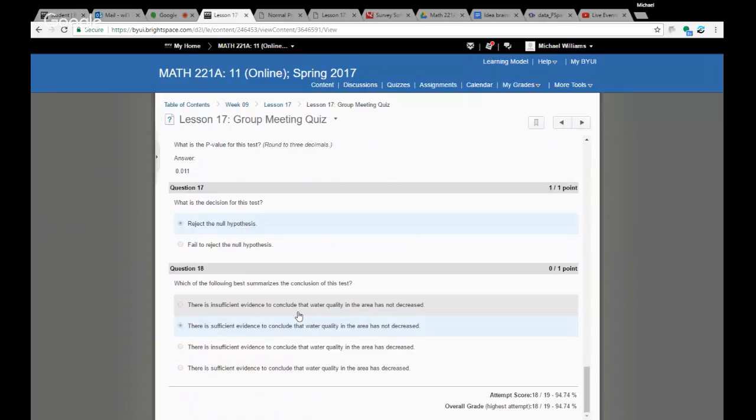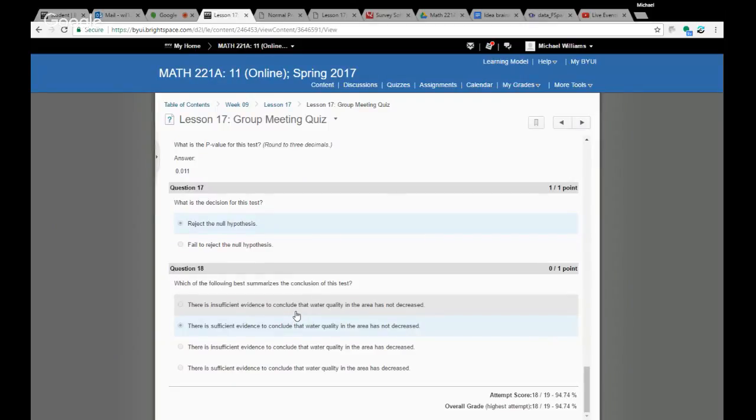Because you can't prove a null, right? Or disprove a null. You could just say there's not enough evidence. I think you can disprove the null. You can't prove the null.